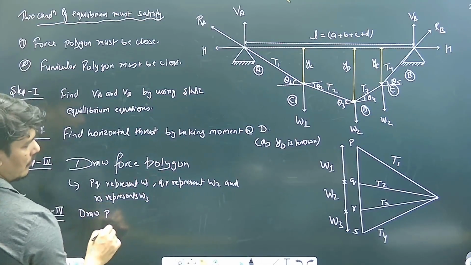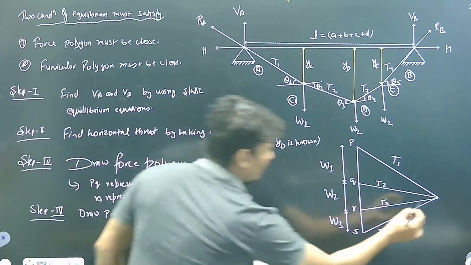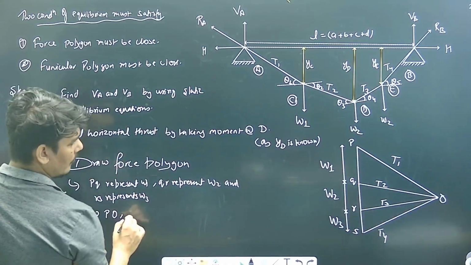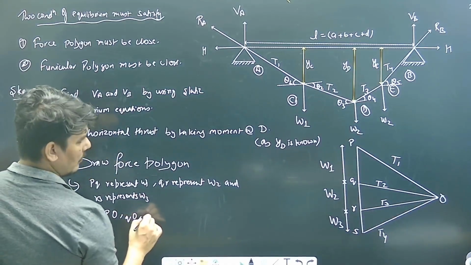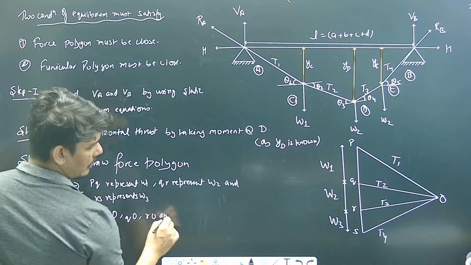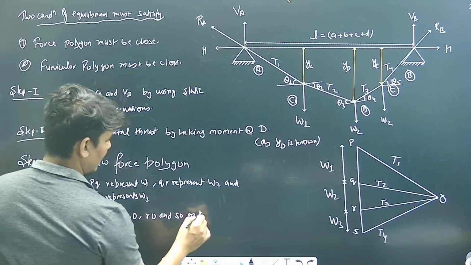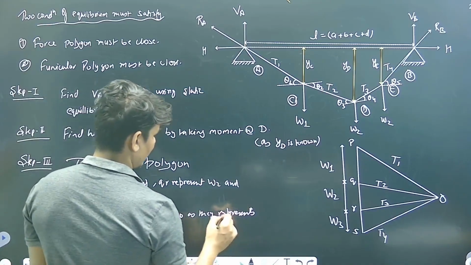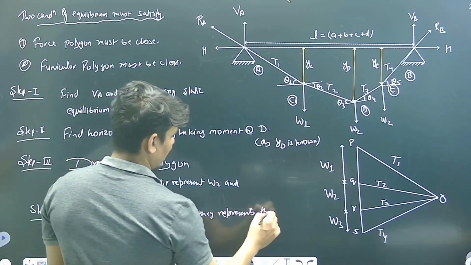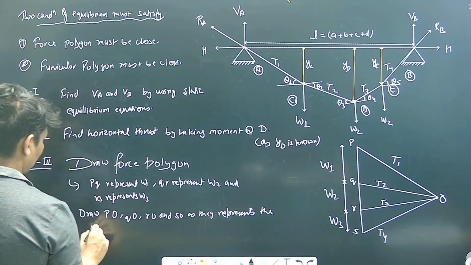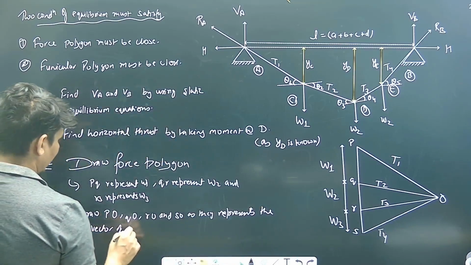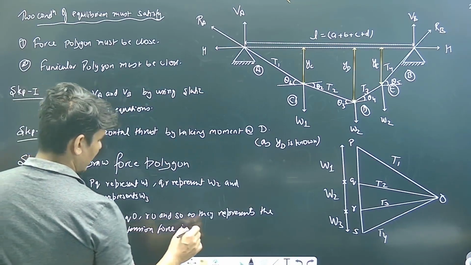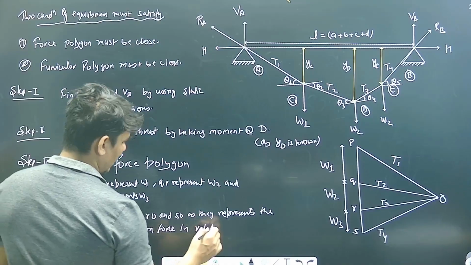Draw, let this point be O, right? So draw PO, QO, RO and SO, as they represent the vector of tension force in related chords.